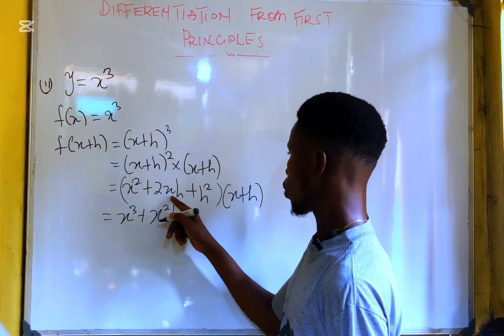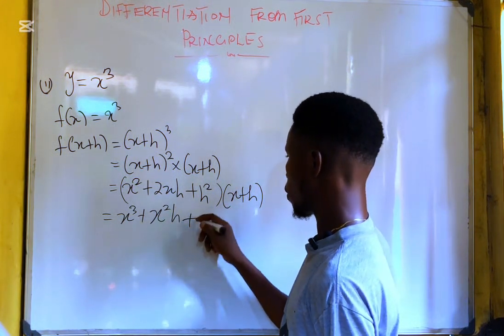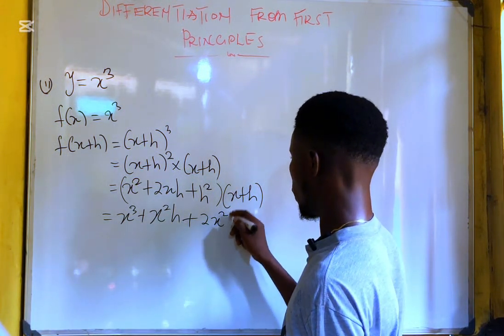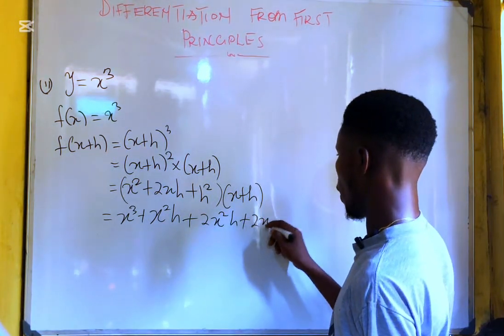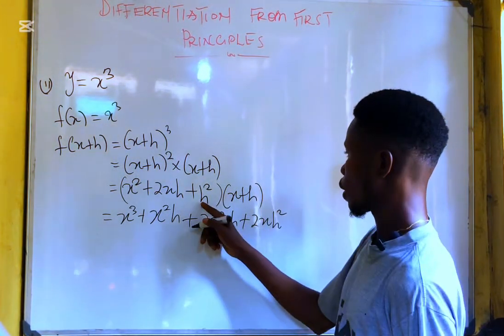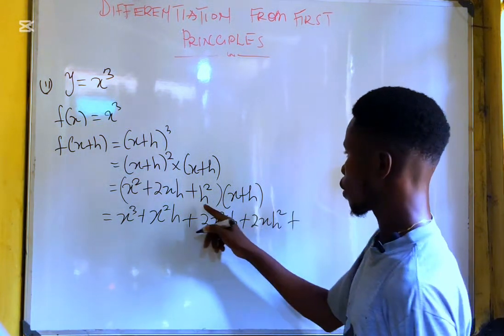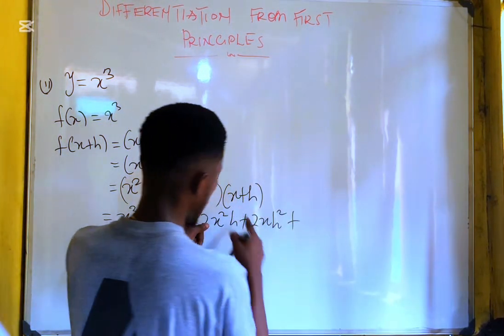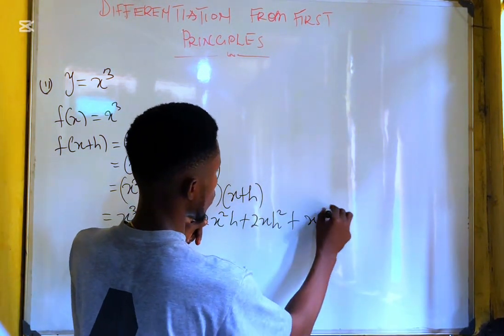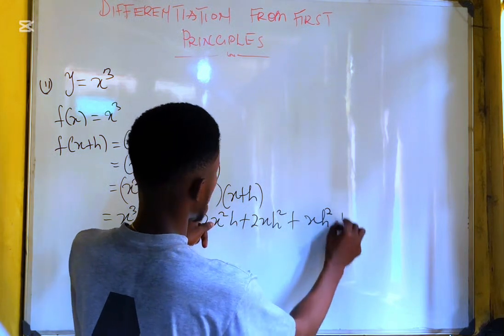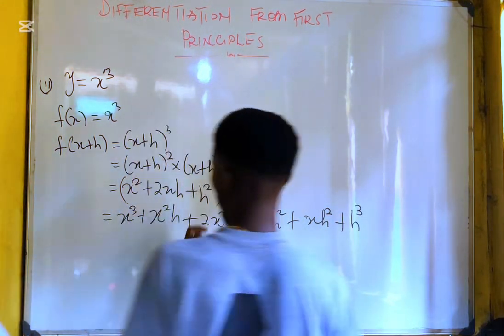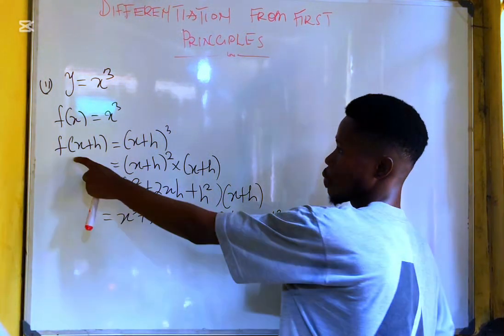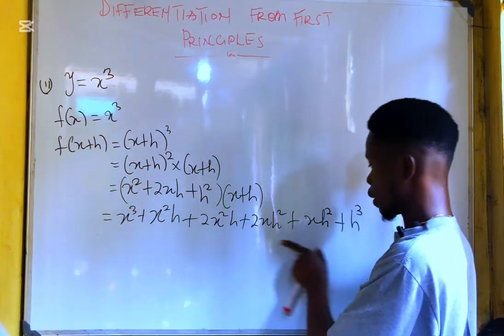Then 2xh times x will be 2x squared h. 2xh times h will be 2xh squared. Then the last one, h squared times x will be xh squared plus h cubed.